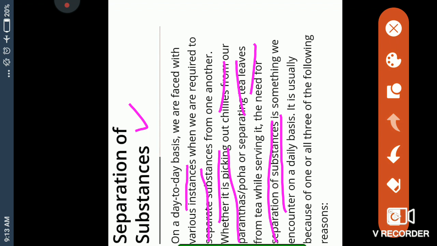Separation of substances is something we encounter on a daily basis, every day we do this.